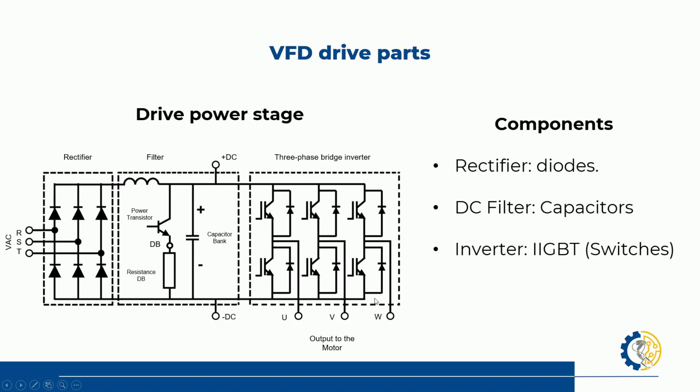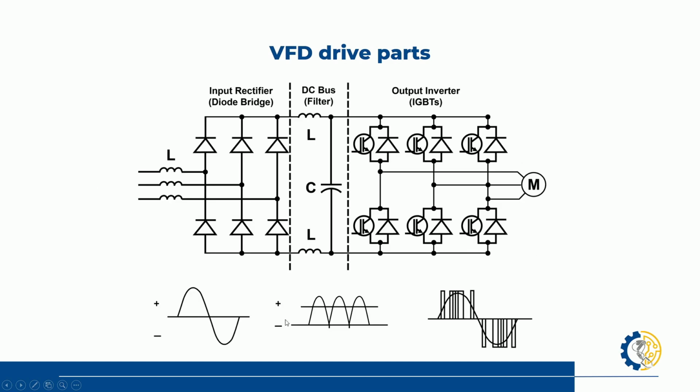Now, on our filter part for our DC, that's when we have our capacitors. Now, what do capacitors do? Basically, all they do is store excess energy, or whatever energy might be able to damage our drive. What we wish is a DC.